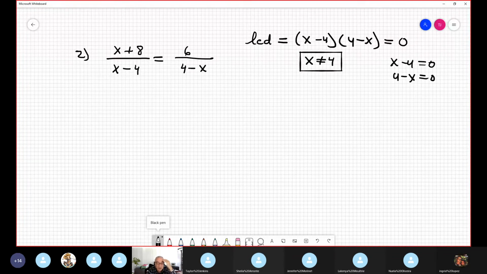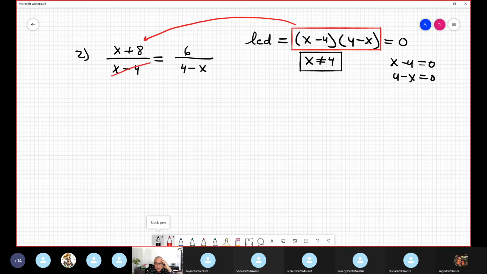And you multiply this equation by this. Okay, the shortcut to do it fast. When you multiply by the LCD, the first is obvious. Okay, x minus 4 is cancelled out, and stays alive x plus 8 times the other, that is 4 minus x. Make sense?